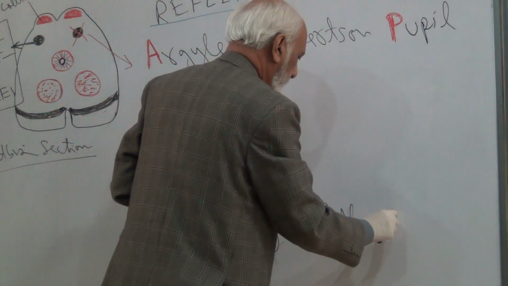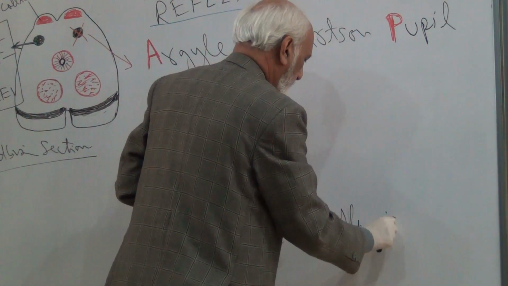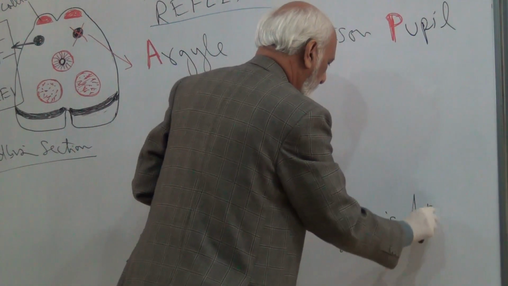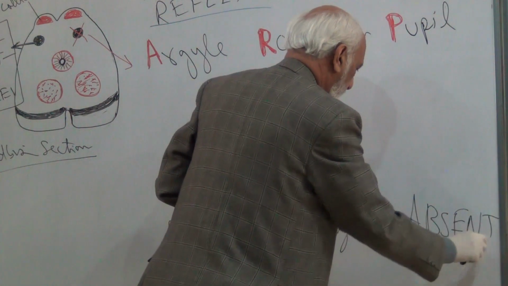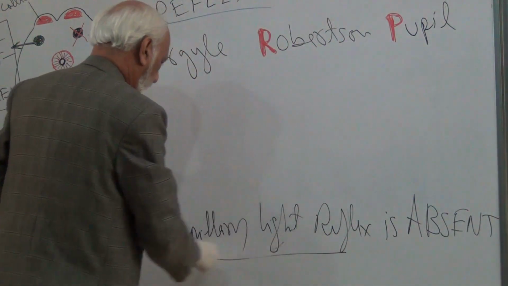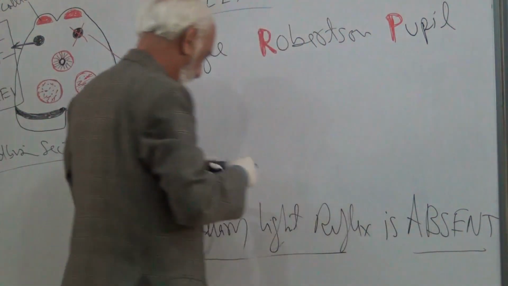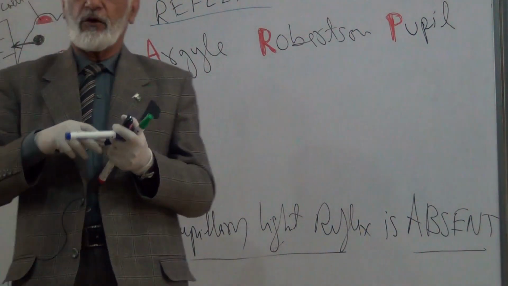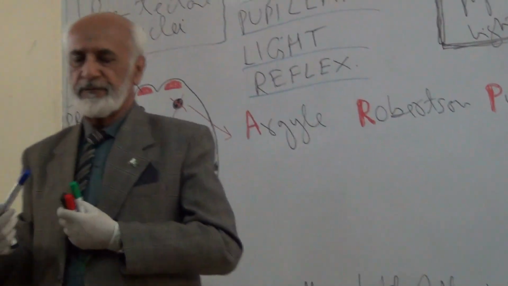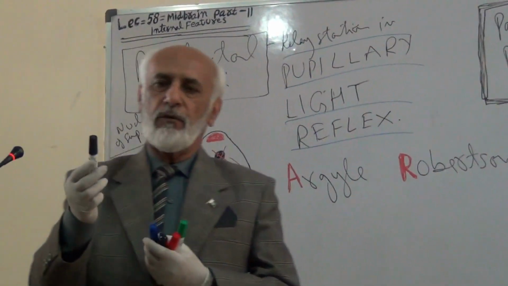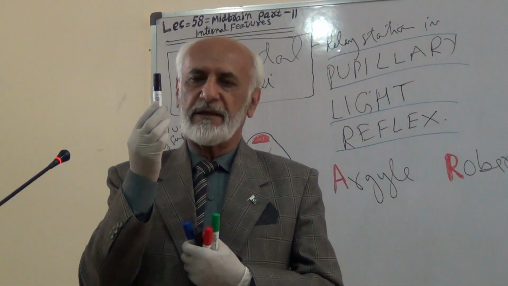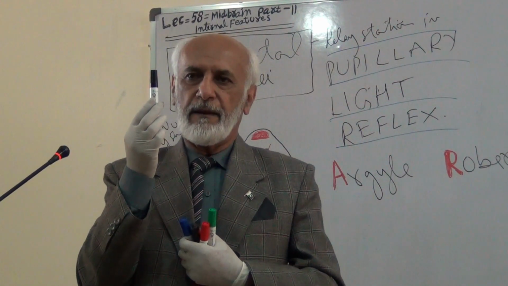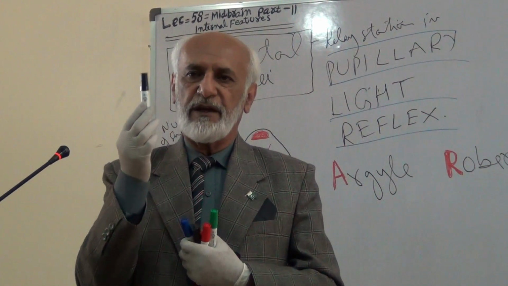Now, in Argyll-Robertson pupil, pupillary light reflex will be absent, but accommodation reflex will be present. What happens when you place an object near the eyeball to have a clear vision of the near object?